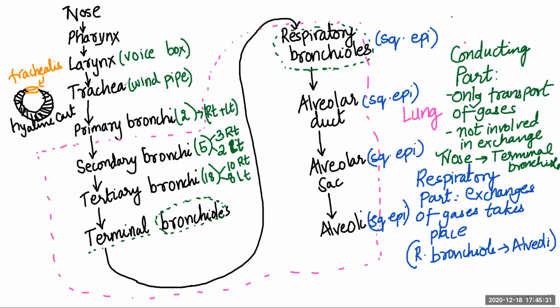Also, the inner lining of the trachea is by PSS, rather PSCCE. Do you remember the full form of PSCCE? That's a unique type of epithelium. Come on, in the chat box, tell me what type of epithelium is that? PSCCE.